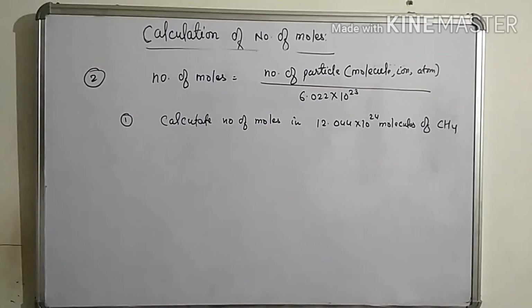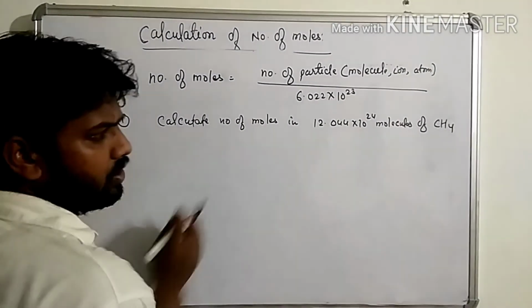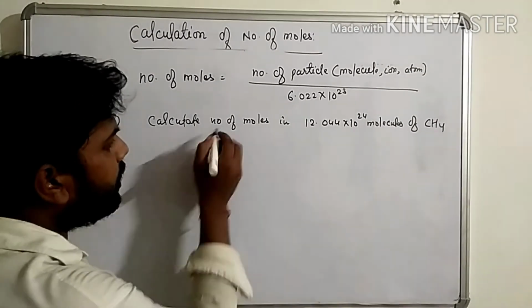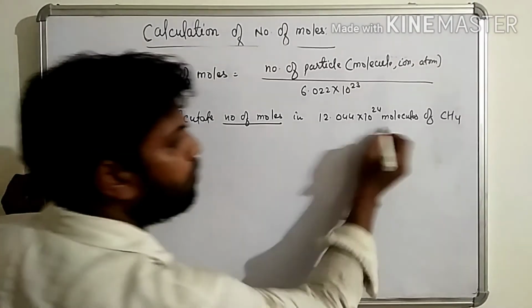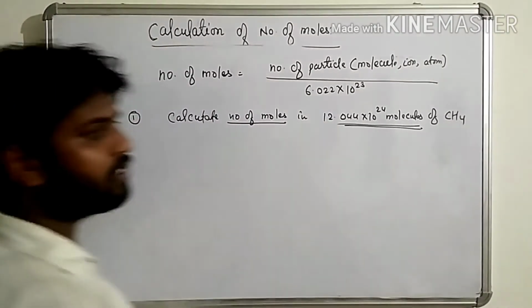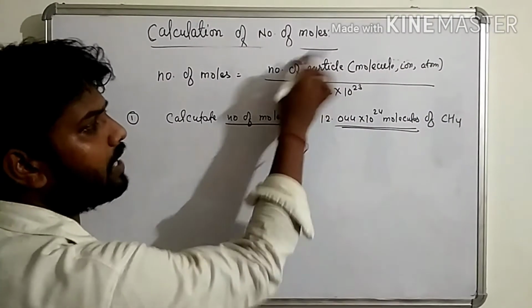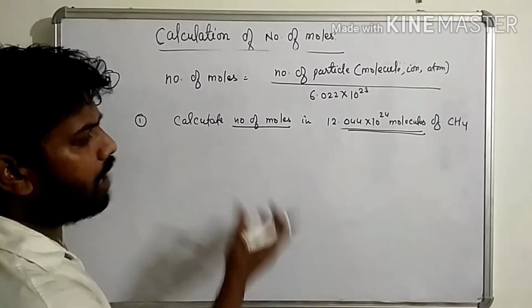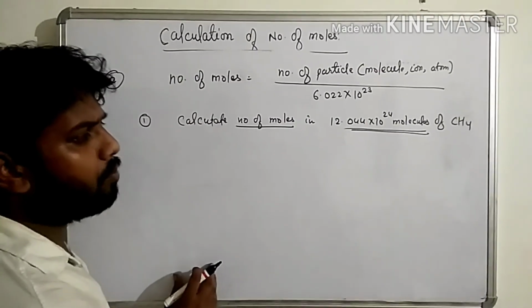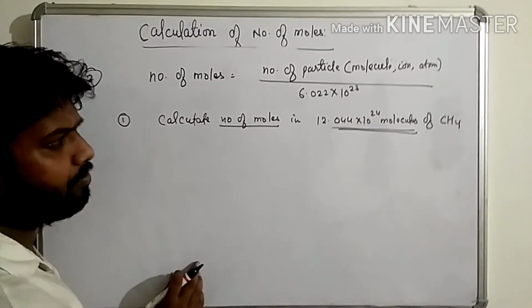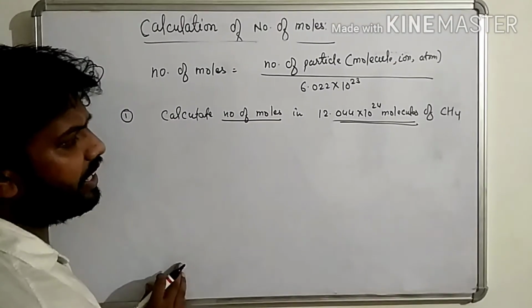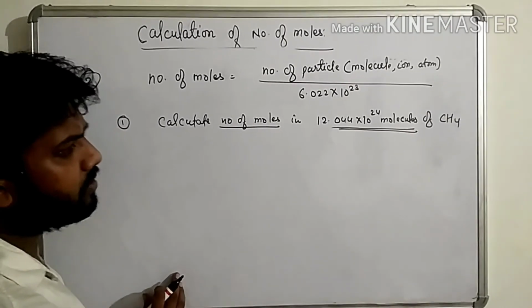Okay children, see this question. Calculate the number of moles if molecules is given there. Means if the number of particles is given there, how can we calculate the number of moles? So by applying this formula, we will get the number of moles.